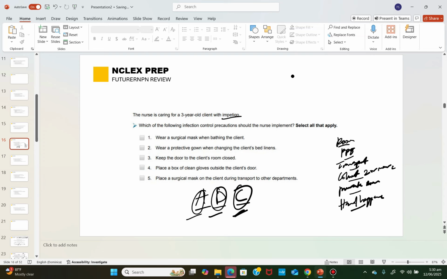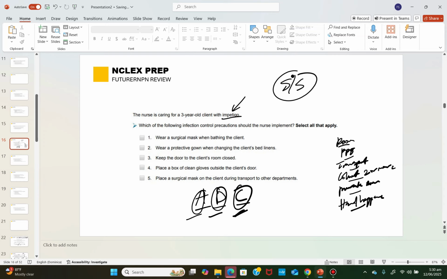Another thing that is very important is that sometimes NCLEX will not give you the infection. NCLEX will give you signs and symptoms or something that looks like the infection. If NCLEX wants to talk about infection of the eyes, conjunctivitis, NCLEX might not tell you that.